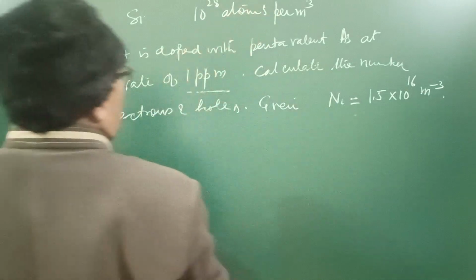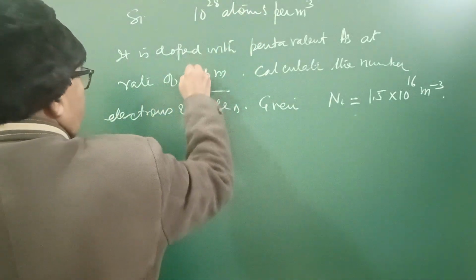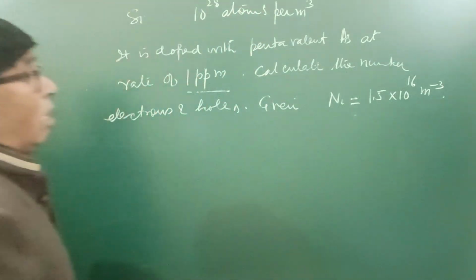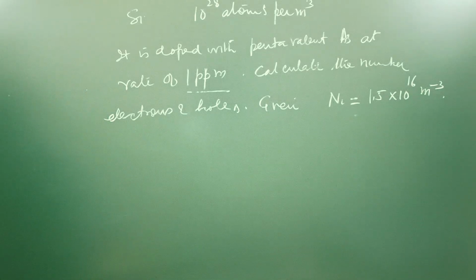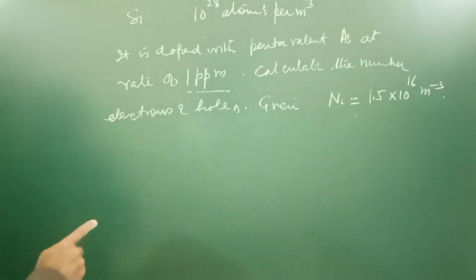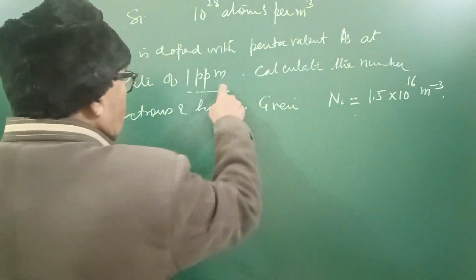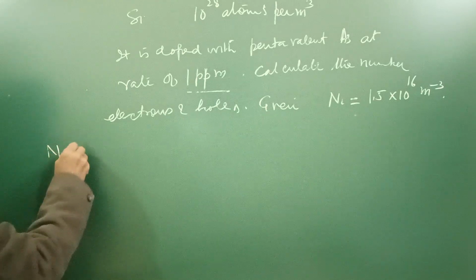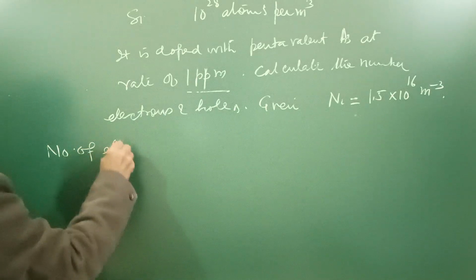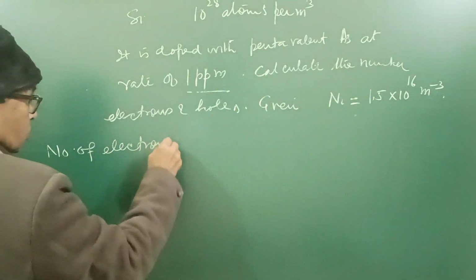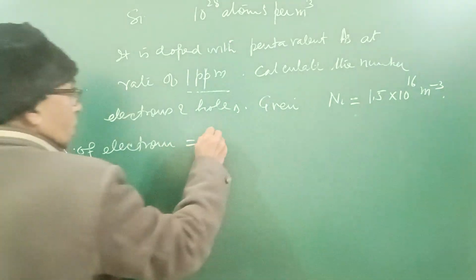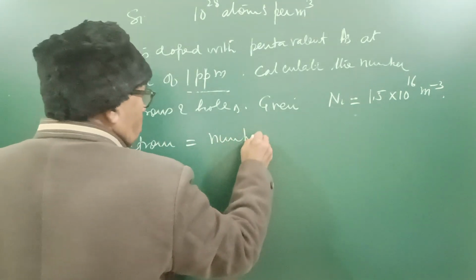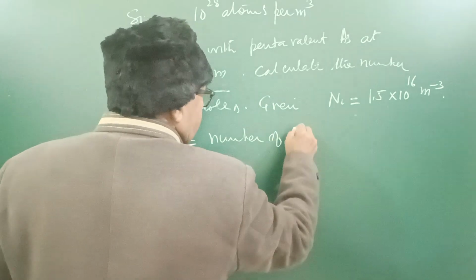Silicon is doped at the rate of 1 ppm by arsenic. Arsenic is pentavalent, so the number of electrons will be equal to the number of donor atoms.